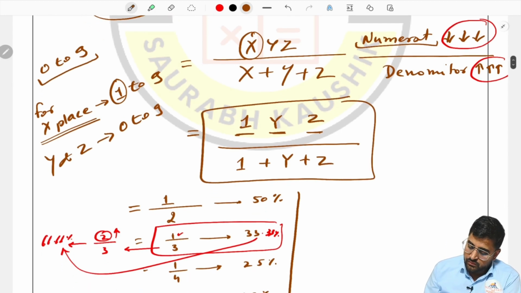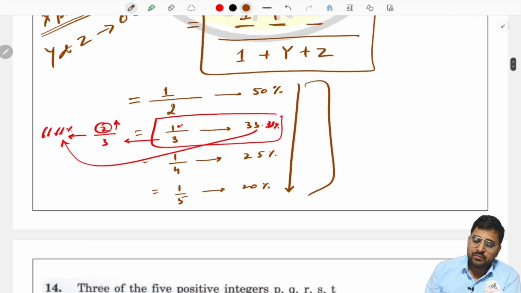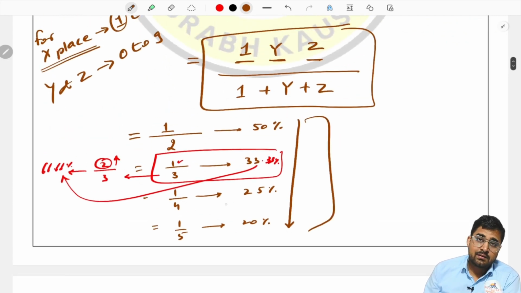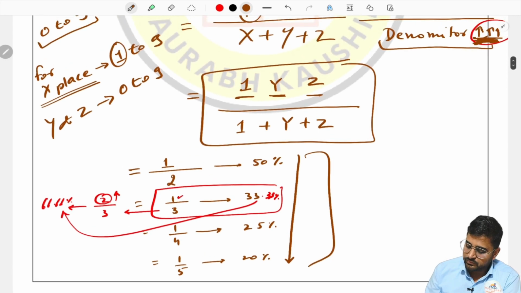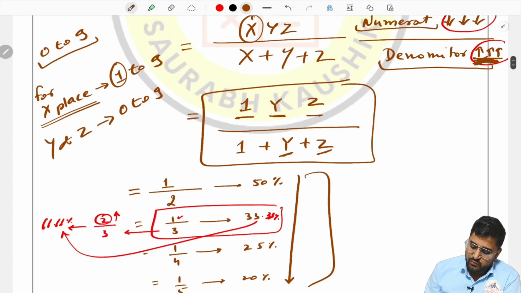Now at the denominator side, you know that we have to make things bigger, because the higher the denominator, the lower it can go. We have checked here, we proved it here. So at the y place and z place, we need to make things higher. What is the highest they can have? That is 9.